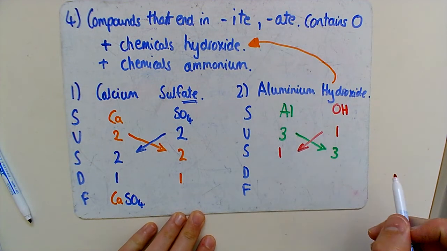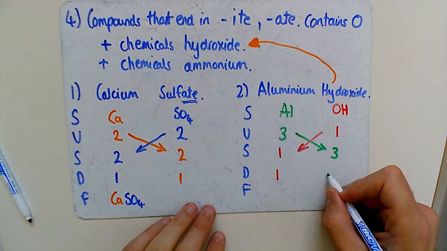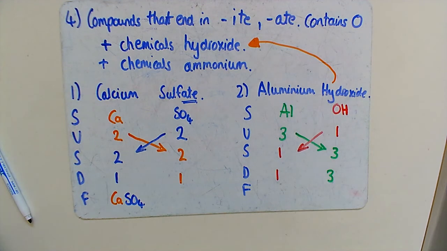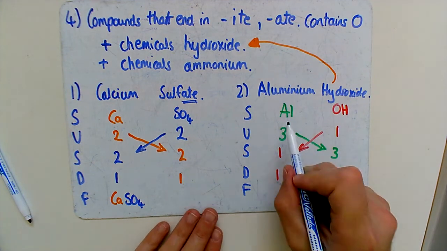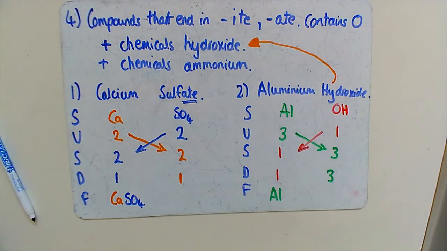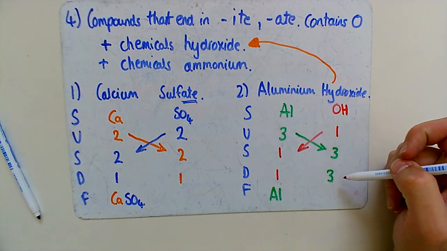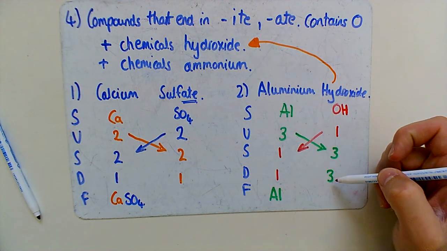Can we divide through by anything? We can't. And now it comes to writing the formula. So aluminium part, that's easy. Aluminium 1, so we just write the symbol. But hydroxide we've got 3 of. So where do we put the 3?